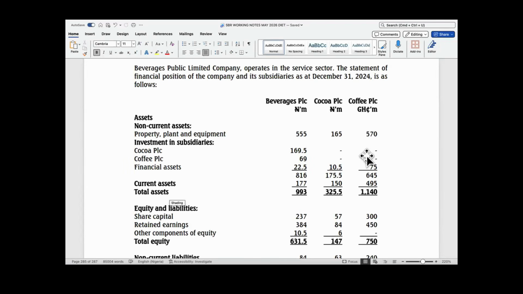And how I'm able to know is that it's only Beverages PLC that has the investment figures in its own books, right? It shows it was the one that invested. So this is not a situation of sub-sub. This is that of a parent investing in several subsidiaries. And that is even more straightforward than sub-sub.